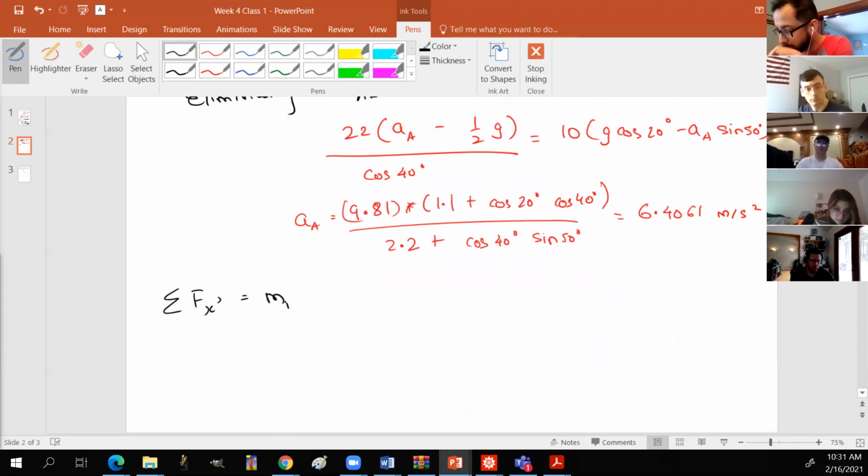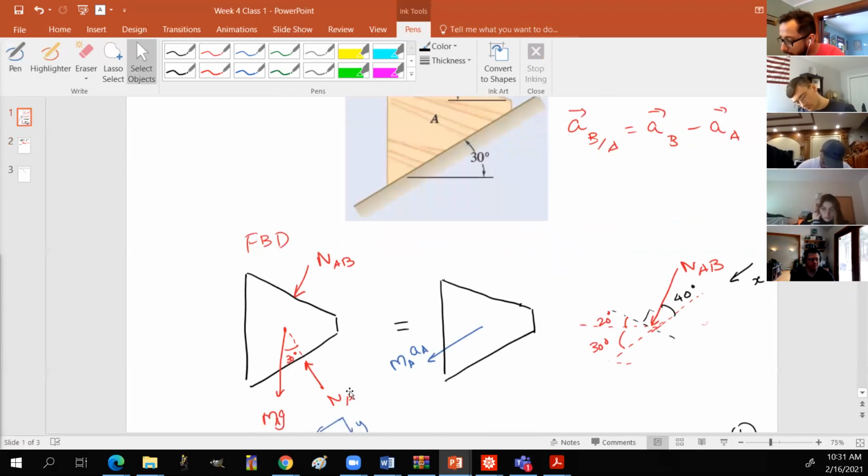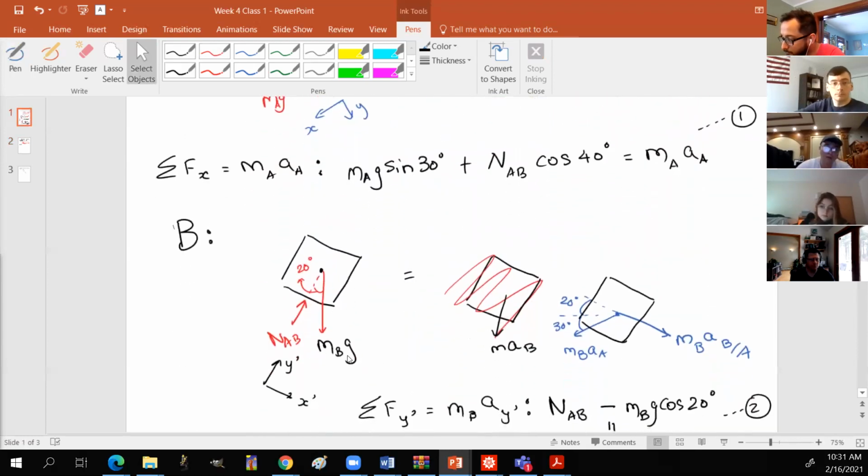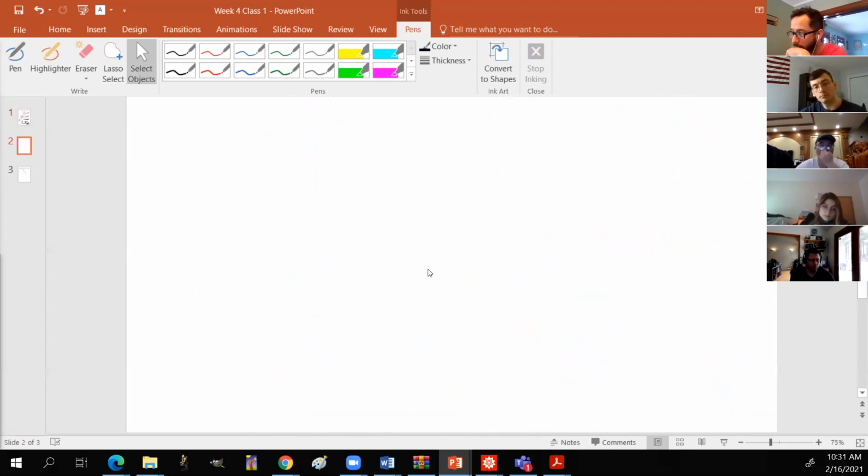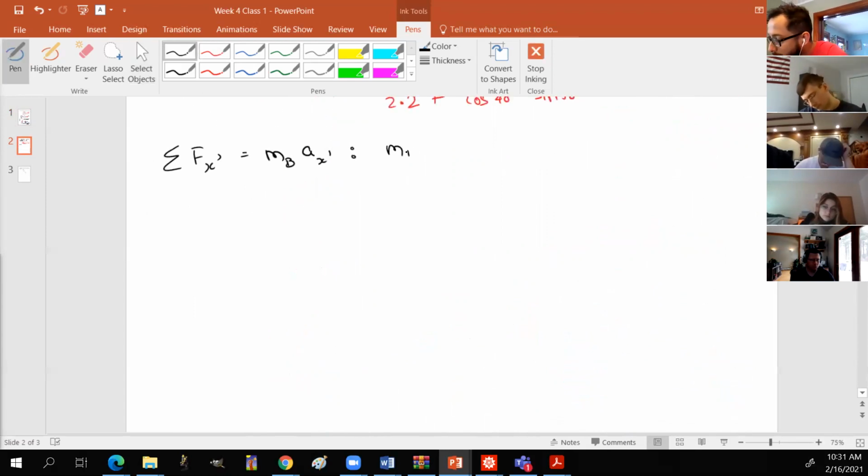That's equal to m_B times whatever the acceleration of your body B is in the x prime direction. For the forces in the x prime direction, you'll only have a component of the weight, because the normal force is in the y prime direction. So you have m_B g, I believe it's going to be sine of 20 degrees.